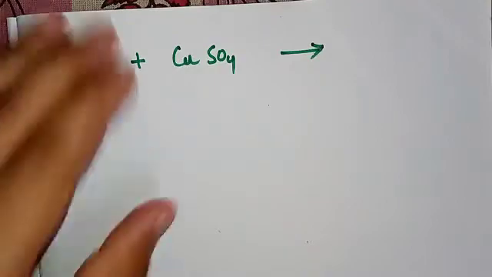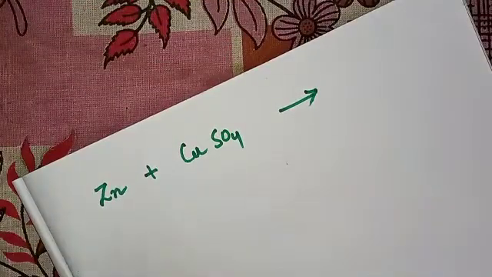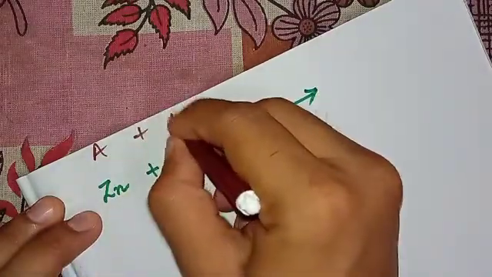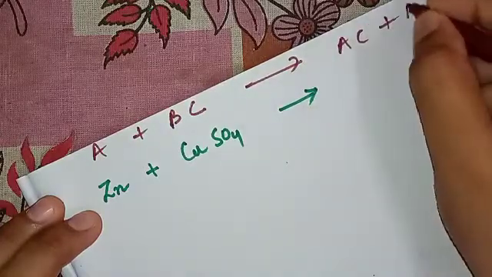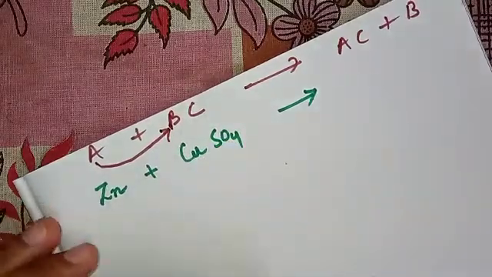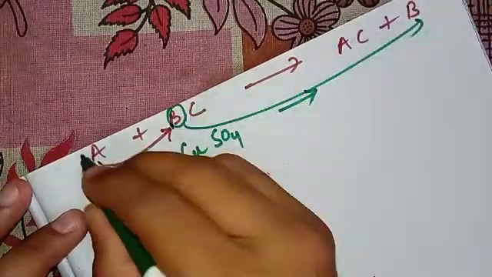First of all, you have to know the basic structure of a single displacement reaction: A plus BC gives you AC plus B. That is, A expels this B from its position and displaces it. Okay, so this is the basic structure of a single displacement reaction.